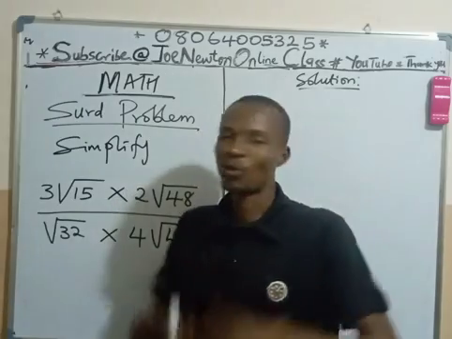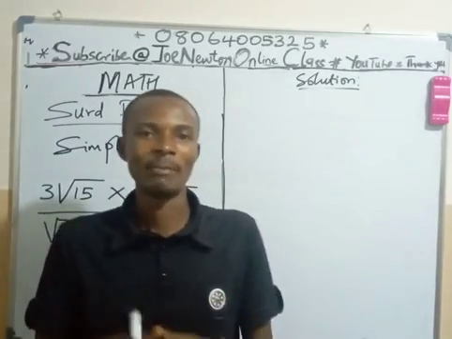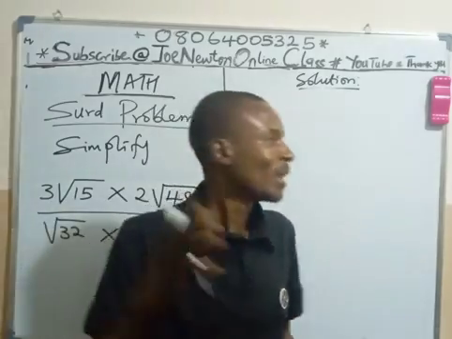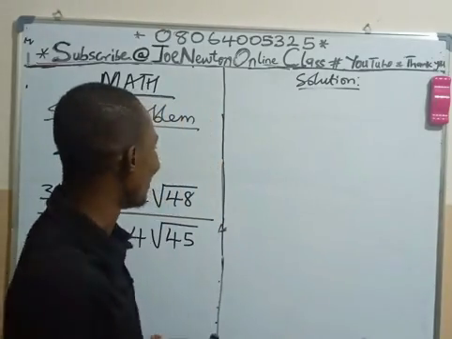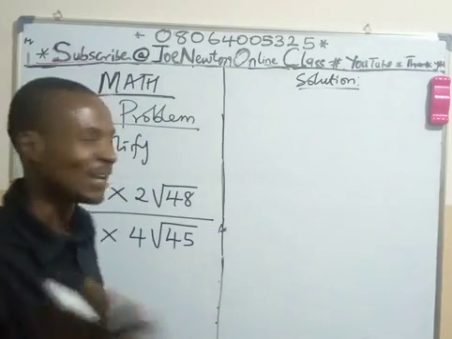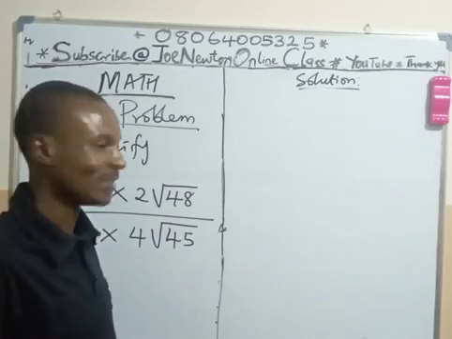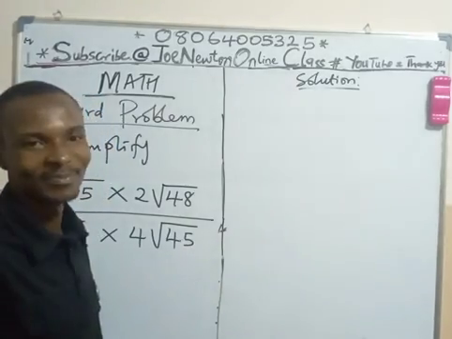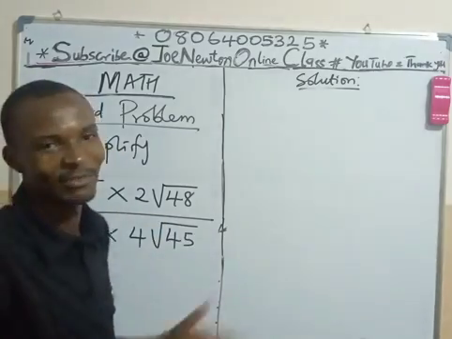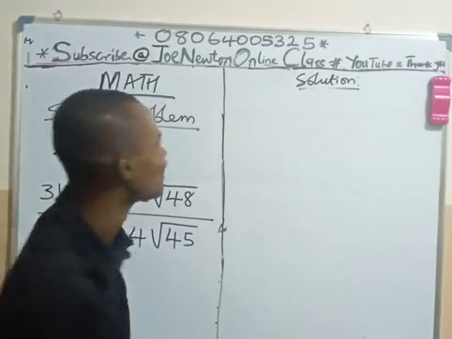Good. Of course, we know that surds have to do with irrational numbers. Now, in solving this, if you look at the question, it appears to be difficult. That is apparently. But once you follow the rule, you will see how we tackle it. It's very simple. Now, let's go.